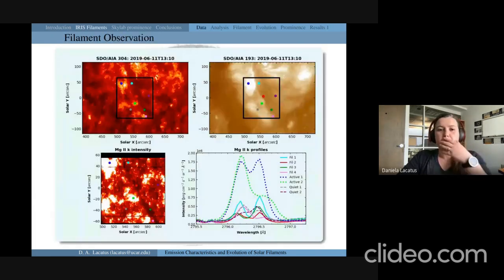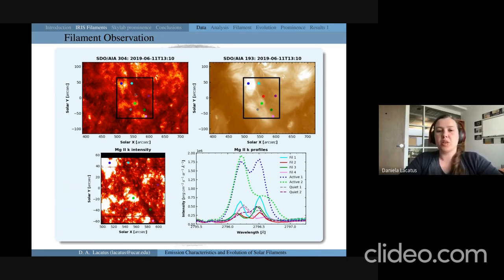In this study, I will be showing two filament observations. One of them is shown here. At the top, I show the SDO AIA 304 and 193 for context.